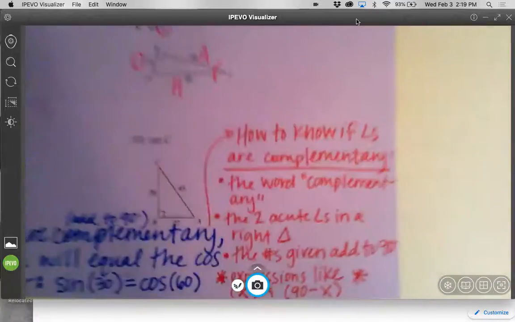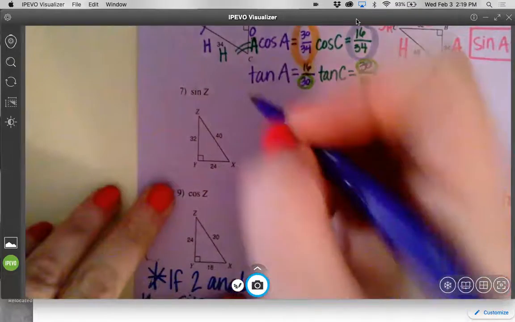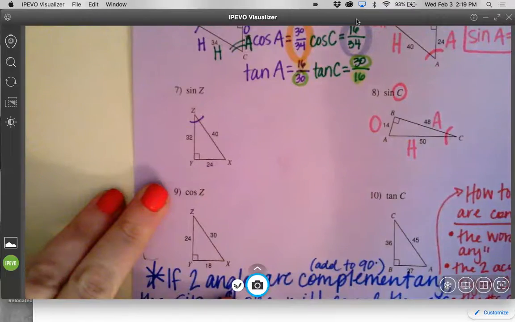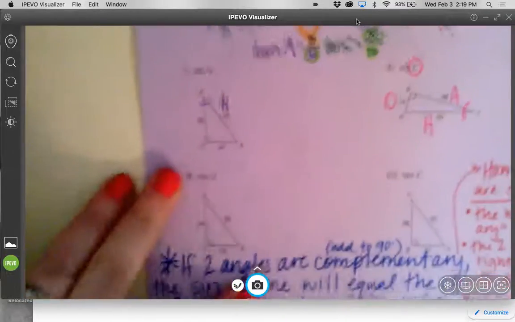So there's that. All right, so let's do it again. We're going to do number 7. We're going to use angle Z to start with. The hypotenuse is 40. Which one is the adjacent?